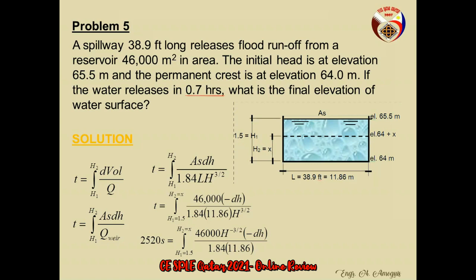Again, there is no formula exactly. Yung x nito is 0.5 meter. So dito ka lang talaga iikot sa formula nung time equals d volume over Q, then integrate mo. So magdidepende siya doon sa kung anong type of weir.